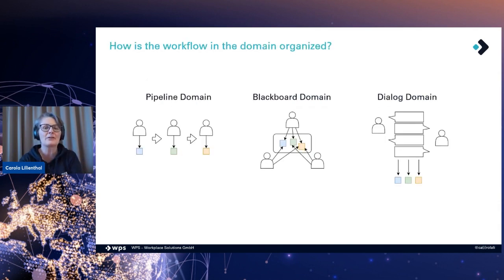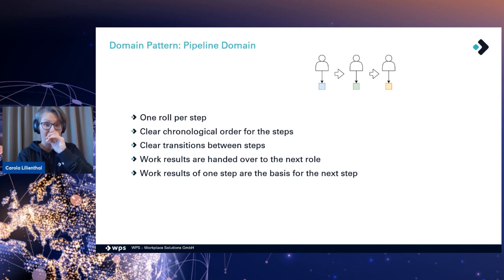This dimension is about how the users organize their work and their cooperation. What do they do on their own and what do they do together? In this dimension, we have identified 3 domain patterns: the pipeline domain, the Blackboard domain, and the dialogue domain. Let's have a closer look at each of them in the following slides. If the work in a domain is done step by step, partially also by different roles, this domain follows the domain pattern pipeline.